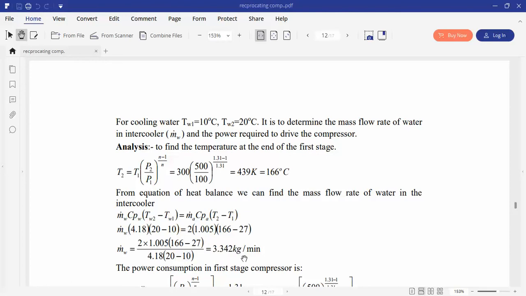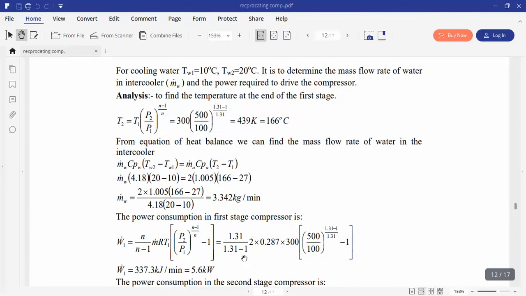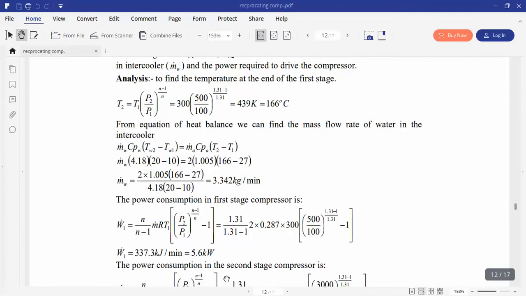3.342 kilogram per minute. The power required, or the power consumption, in the first stage compression is W dot 1 equal n by n minus 1 m R T1 into (P2 by P1) to power n minus 1 by n minus 1. It will give that W1 equal 337.3 kilojoule per minute or 5.6 kilowatt, dividing by 60.